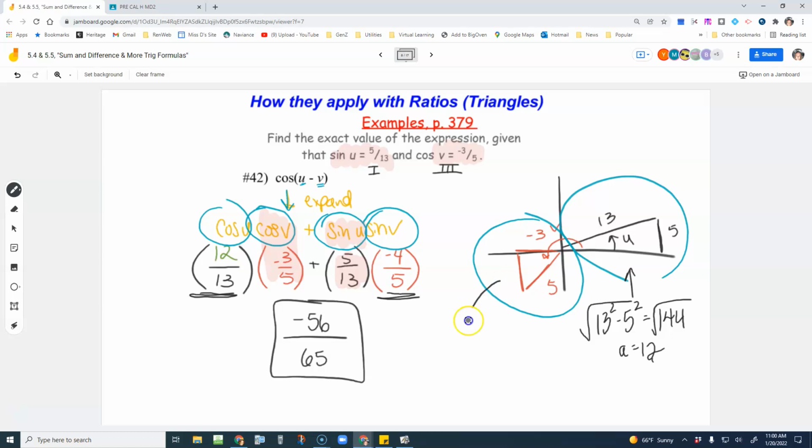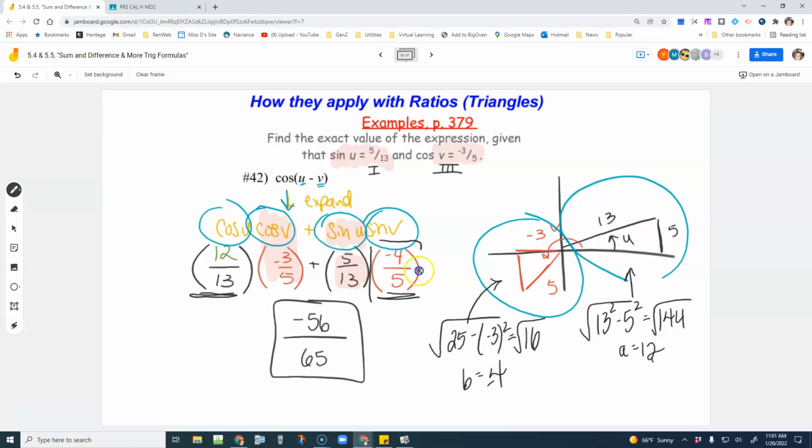Or, who are you? I need v, and v is over here in this triangle. If I do 25 minus negative 3 squared, minus 9, I'm going to get 16. That's going to give me my b is 4. It's in the 3rd quadrant because of a clue that was given. Negative 4, but that's what I'll plug in.